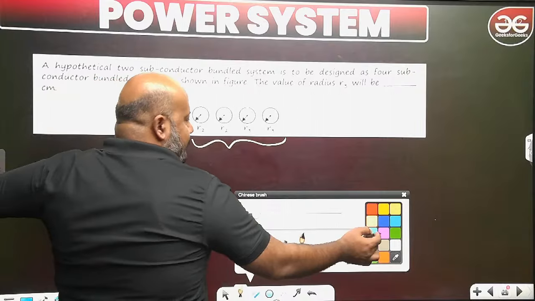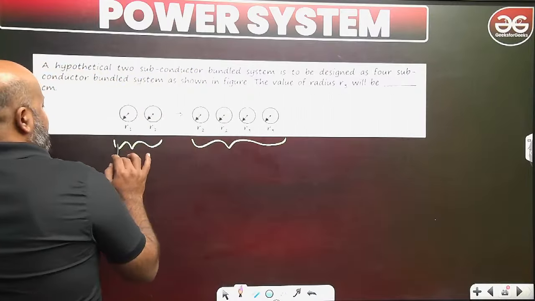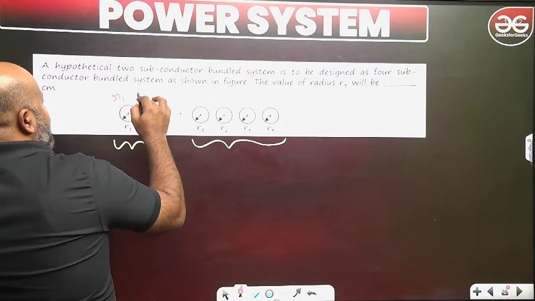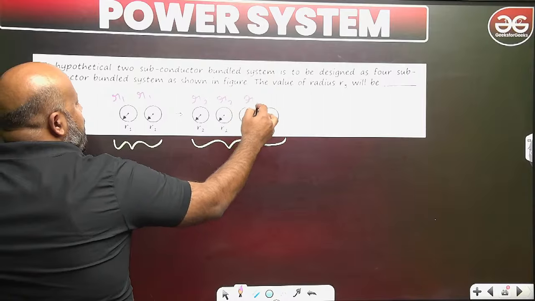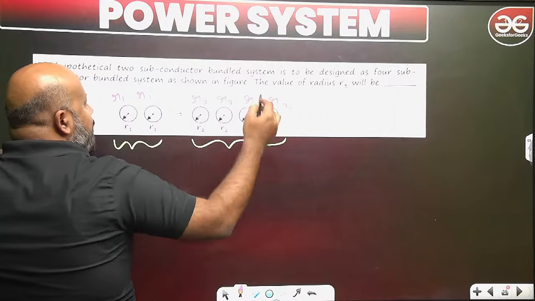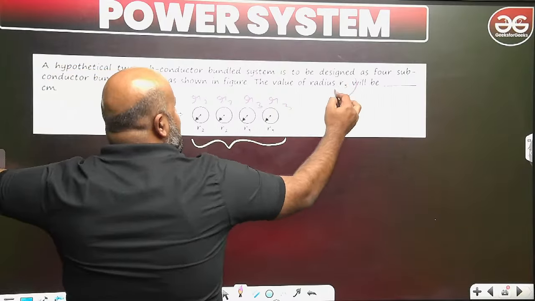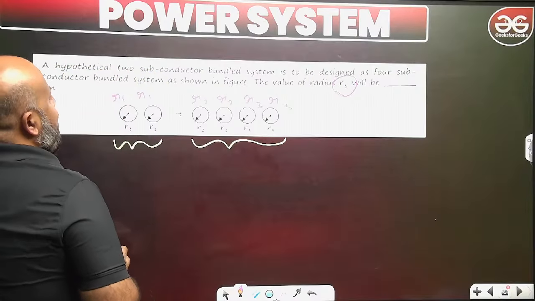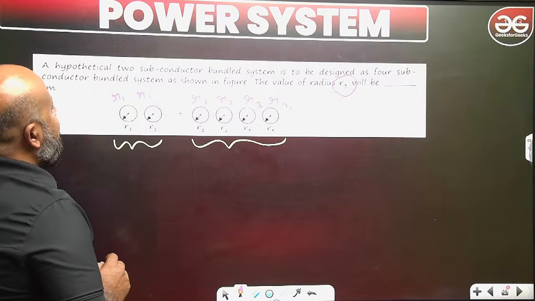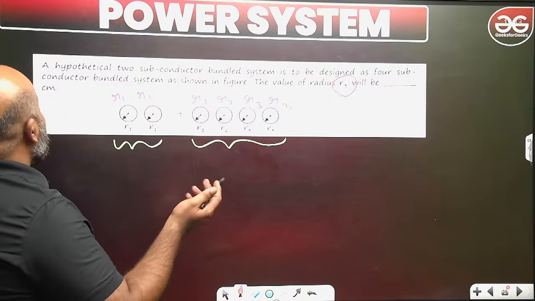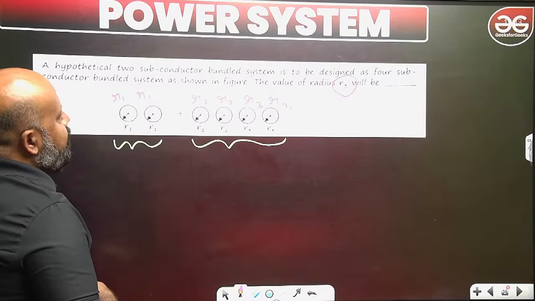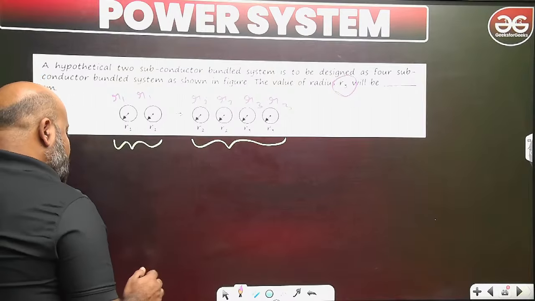For this one it is R1 and R1, this is R2 and R2, this is R3 and R3. He is asking the value of radius R3. But we don't know the value of R1 and R2 also. Maybe some data is missing. Anyways, how to do this?